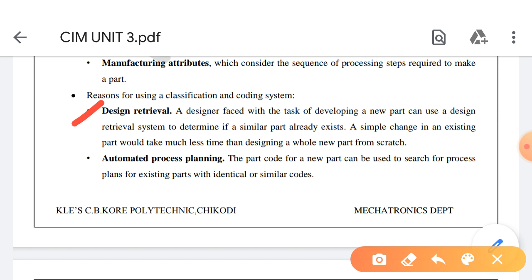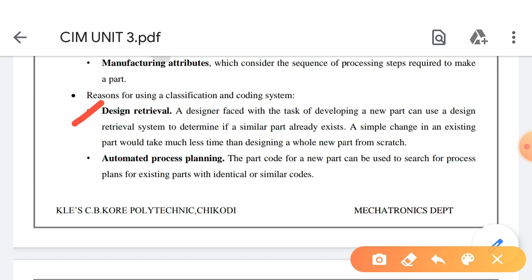Suppose the same part comes one more time for manufacturing, the design already exists, so you can utilize it. Redesigning wastage will be reduced because it is already existing. If it exists, you can use that. That's why it is called design retrieval.